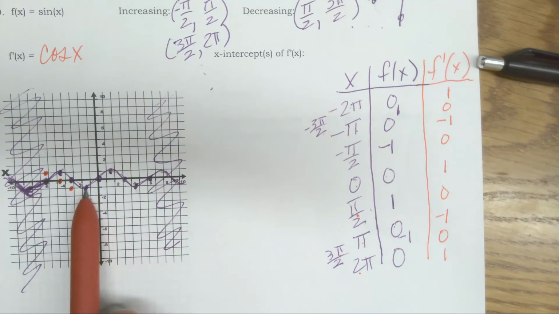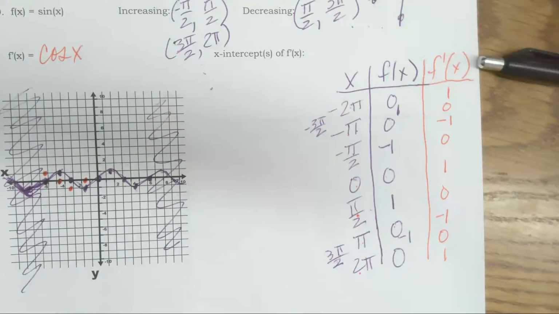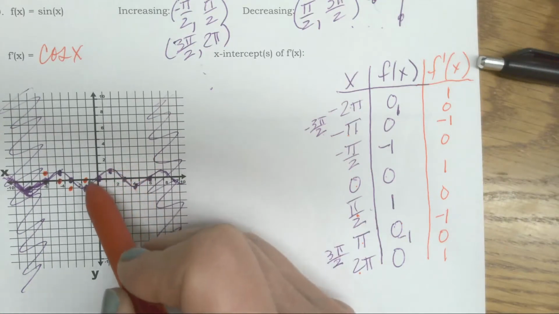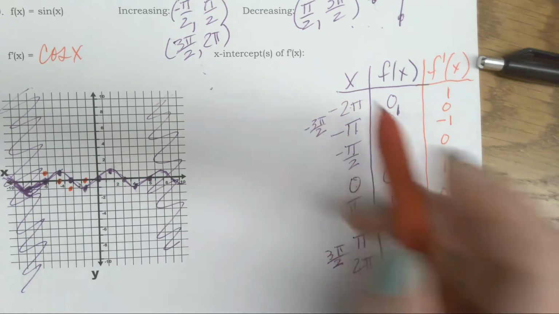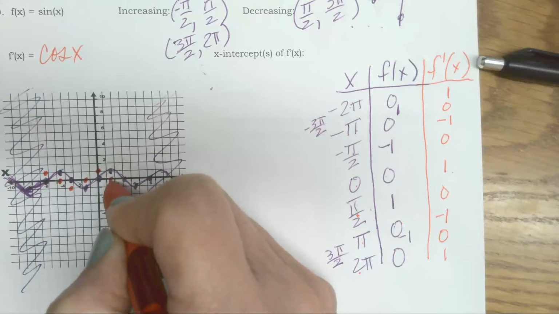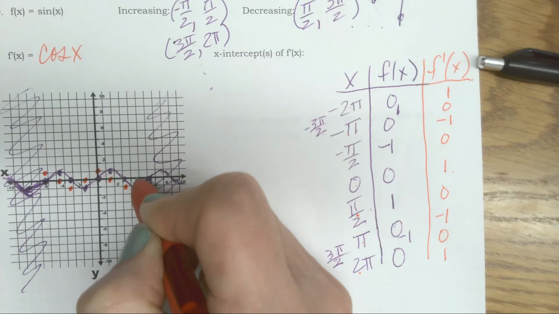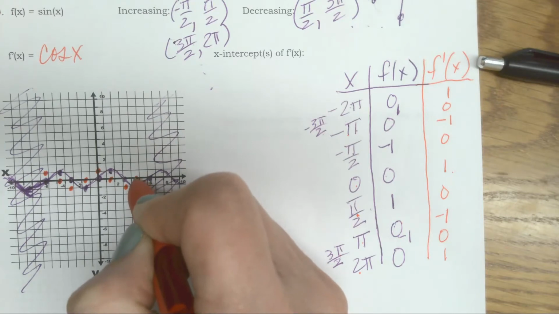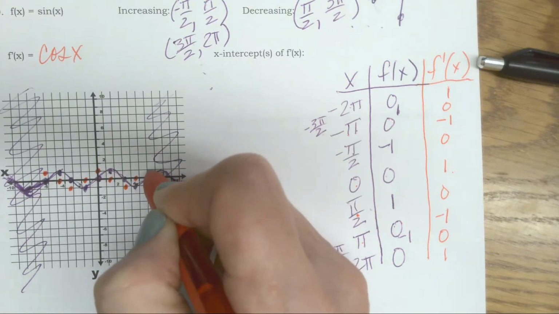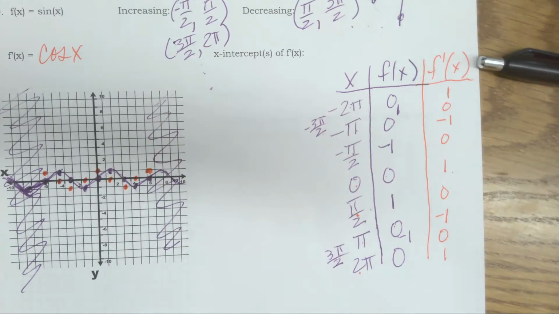And then at negative pi over 2, it was 0. This is getting kind of ugly, but we'll find what we need to find. And then at 0, it was 1. And then 0. And then negative 1. And then 0 again. And then positive 1. I'm sorry I sped that up so much, but I think you start to see the pattern and you kind of know what cosine and sine look like, right?